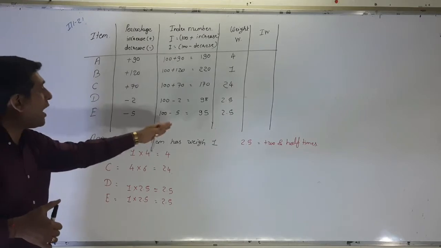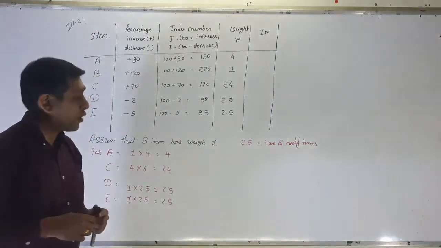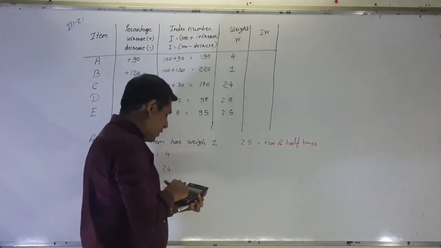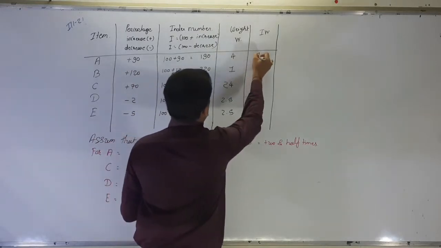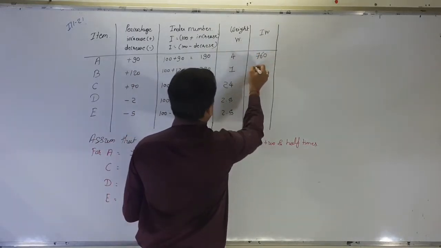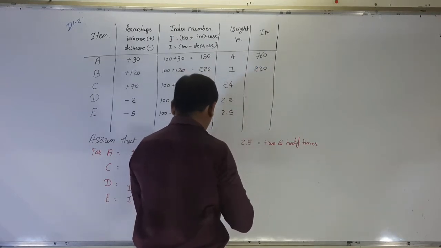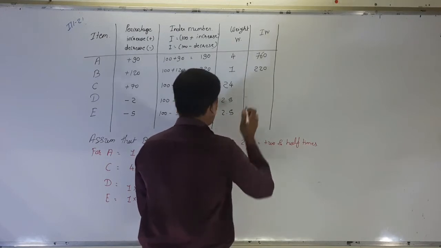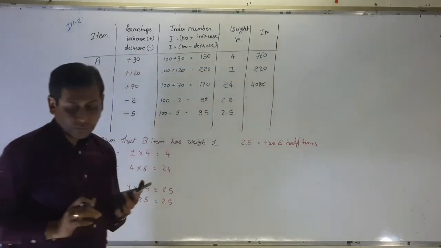Now we have I, we have W, we want just IW. So the multiplication of these two: 190 into 4 is 760, then 220, then 24 into 170, that is 4080, right?